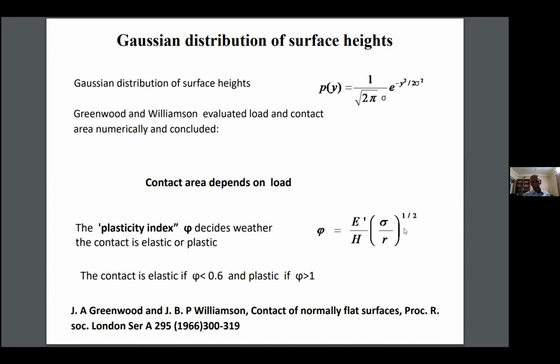So this is the plasticity index defined by Greenwood and Williamson. And if this value is less than 0.6, then it is elastic contact. And if it is more, then it is plastic contact.